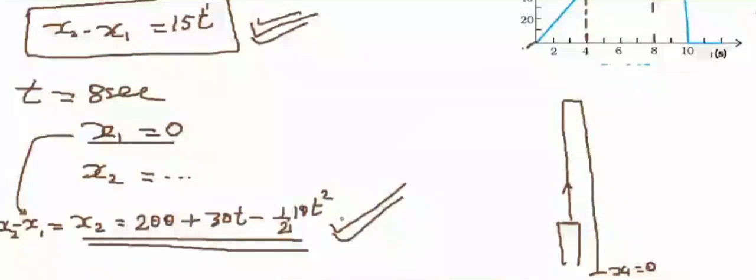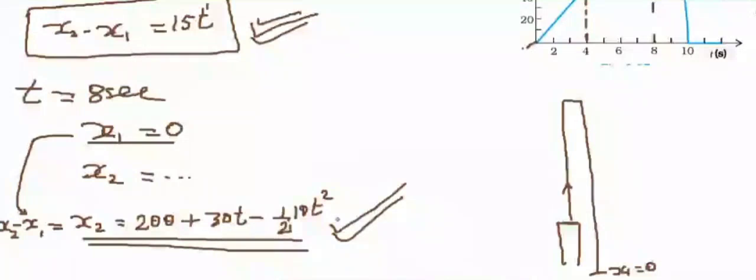And this equation you can see there, it is a second degree equation. Second degree equation, if you draw the graph, then you will get a parabola. So what happens after 8 seconds? At 8 seconds, the first stone is at the ground, so it is no longer in motion. Only the second stone is in motion. So for x2 minus x1, you need to consider only the second stone.